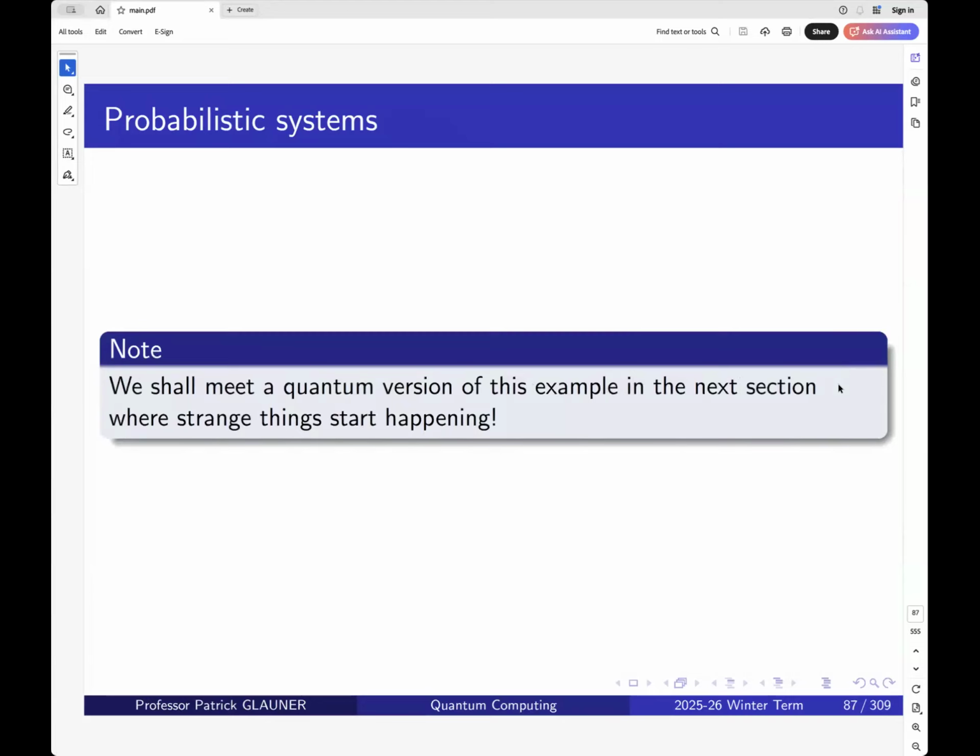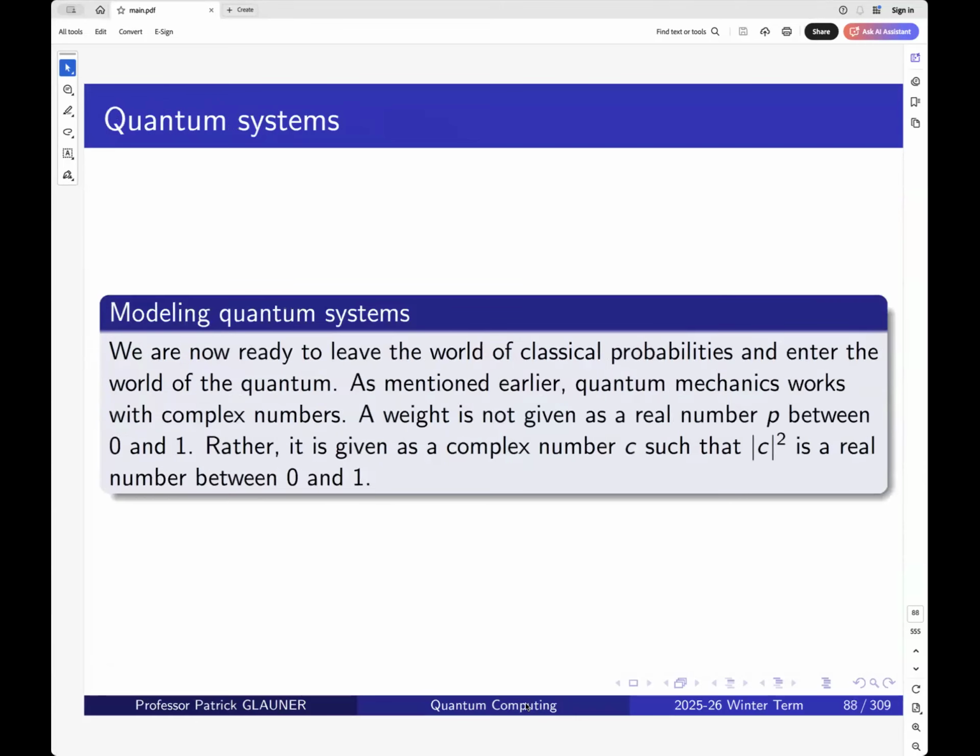We will explore the actual quantum version of the double slit experiment later in the next section of this chapter. And then we will see that something very strange will happen, that these probabilities don't add up, but they actually start canceling each other out. And for that, we need complex numbers.